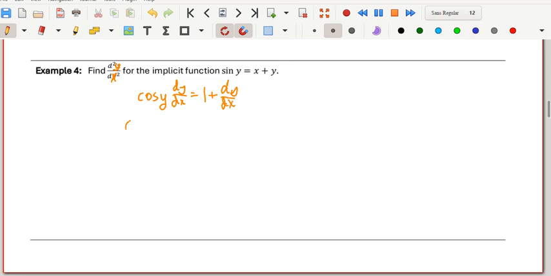So on the left, I have cosine y minus 1 times dy dx, because I'm subtracting the dy dx and then factoring it out all in one step. And that should just equal 1. So dy dx equals 1 over cosine y minus 1.